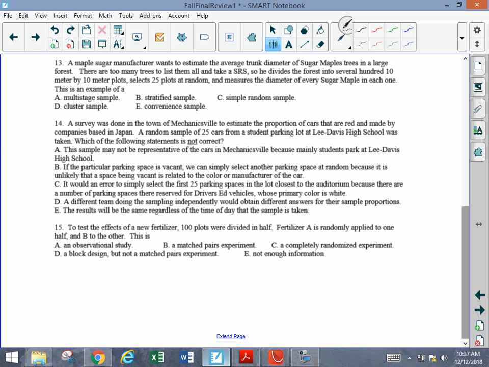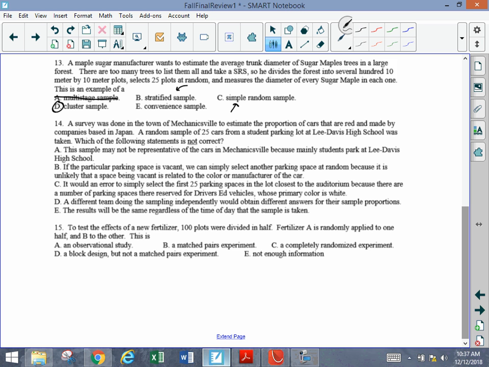Is it cluster sample? We never even talked about that. Simple random sample, you just randomly sample things from a large group. Stratified sample, we would have to classify them by some characteristic, like in the sun, not in the sun, something like that. I don't know how you can even do that for trees.